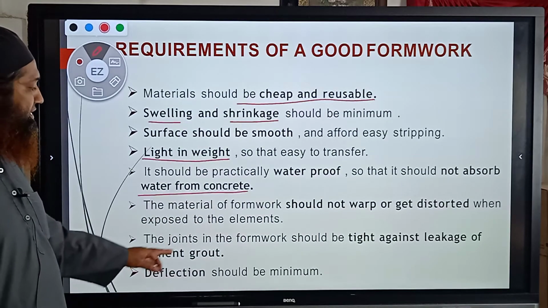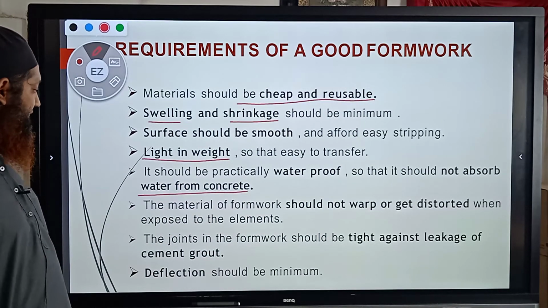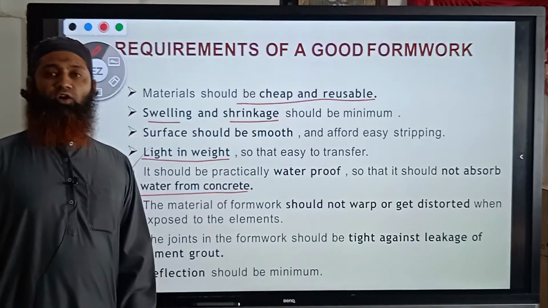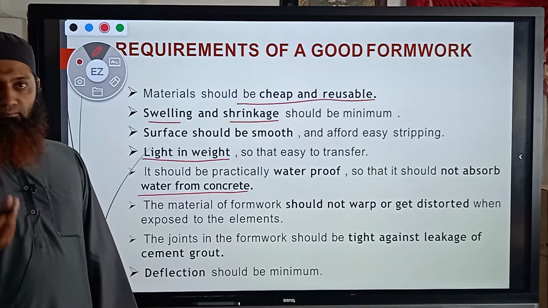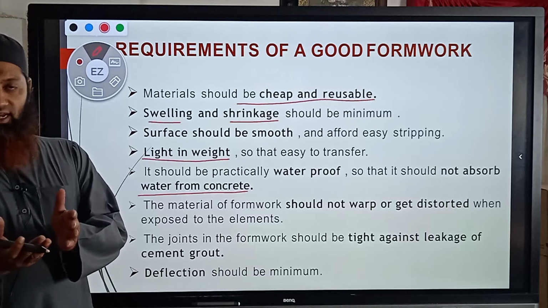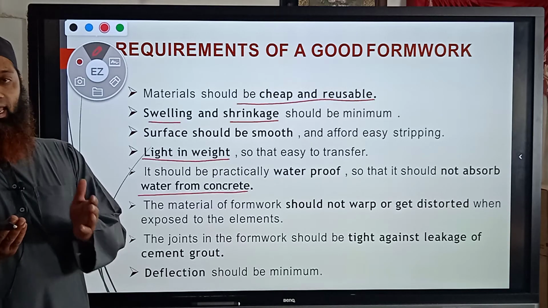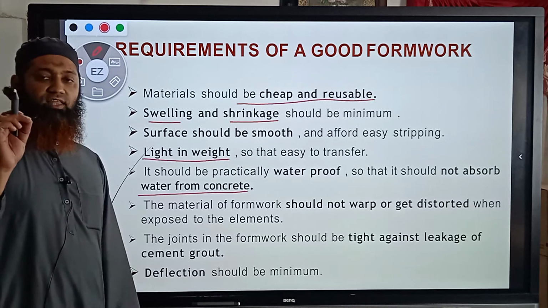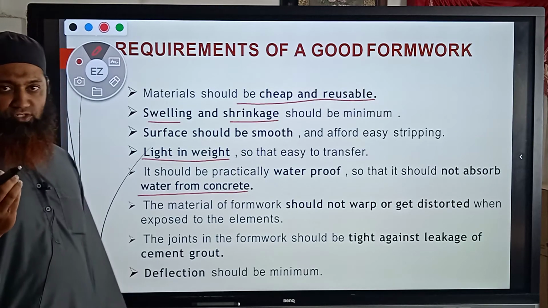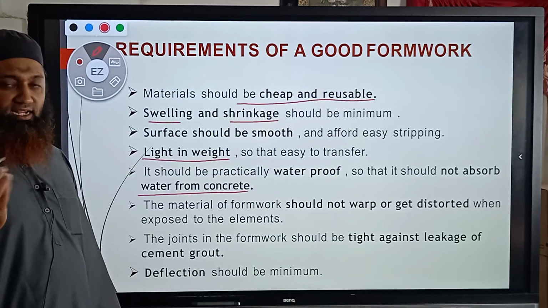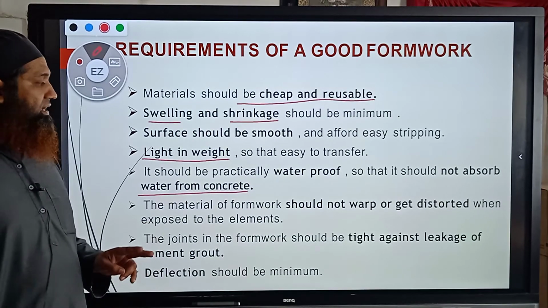The next is the joints in the formwork should be tight against leakage of cement grout. Sometimes what happens at the corners, like for example when we are casting a beam, because there we get joints, the formwork is erected. At those places, if there is leakage, the slush comes out, the water with the cement slurry comes out. Because of that there are disadvantages.